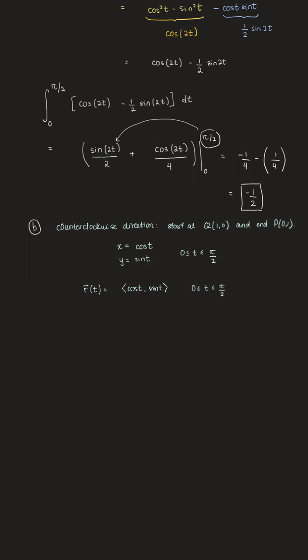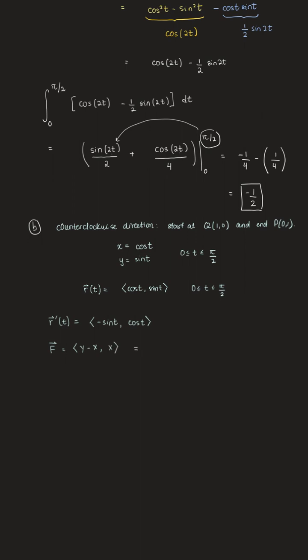All right, now we need r prime of t just like we did before. So when we take the derivative, we get negative sine t, cosine t. And we also want to write our vector field in terms of t using our parametrization. So recall that our vector field was y minus x, and the second component is x.